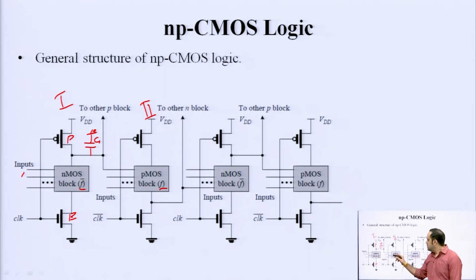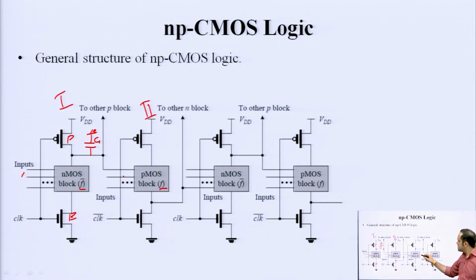The remaining inputs are applied here to the PMOS block, or the P tree, or the pull up network. So, you have one pull down network here, inputs being applied to it, some output is generated after evaluation, logic 0 or logic 1, and that is applied to one of the inputs of a PMOS block, a pull up network, and all other inputs are there. Now, similarly, the output of this again goes to the next NMOS block and other inputs are applied.